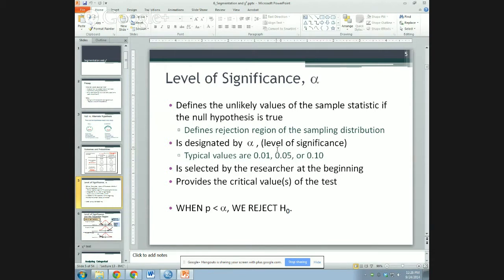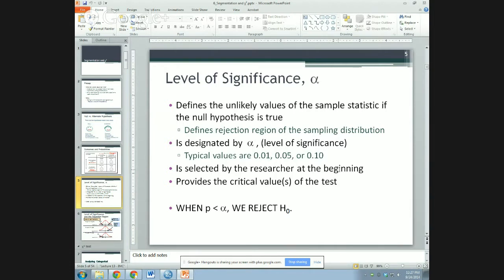Okay, so what does that actually mean? It means that we're accepting a certain level of certainty in making that inference. Then 95% of the time our example will be correct, and 5% will be incorrect, and we would need to accept the alternate hypothesis. So again, I've mentioned here that it's selected by the researcher at the beginning.